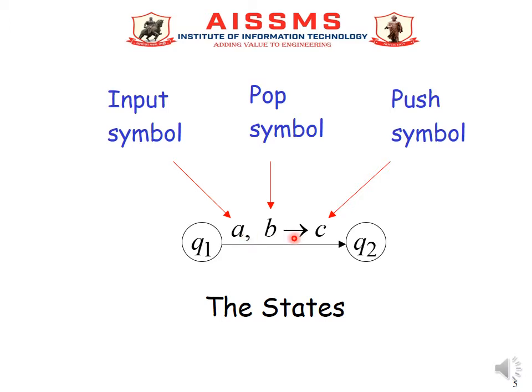This operation shows that A is the current input symbol, whereas B is the symbol which is popped from the stack, and C is the symbol which is to be pushed onto the stack.